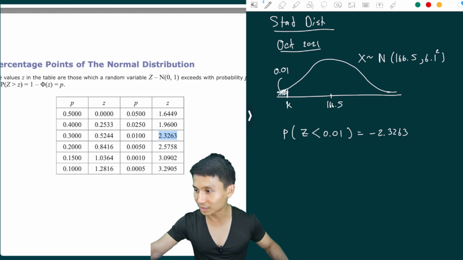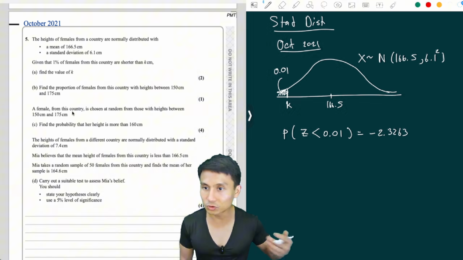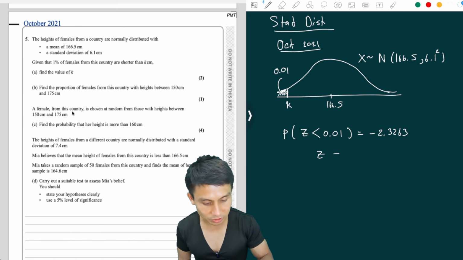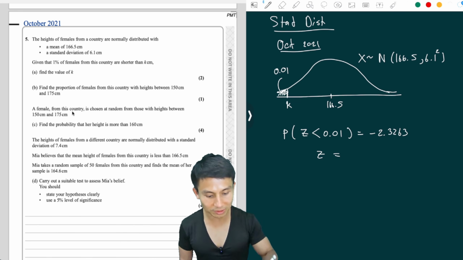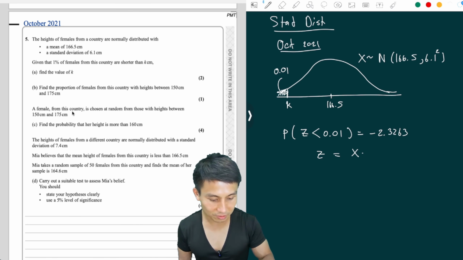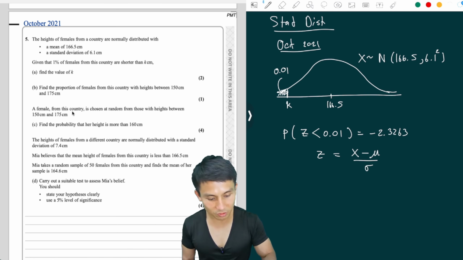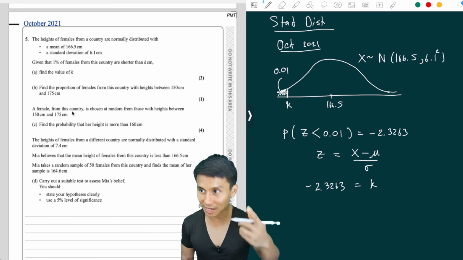Let's get back to the question. We want to use this Z value to find the value of k. This equation is required; you need to memorize it: Z equals (x minus mu) over sigma. So minus 2.3263 equals (k minus 166.5) over 6.1, where x is k because it's the value of that particular point.